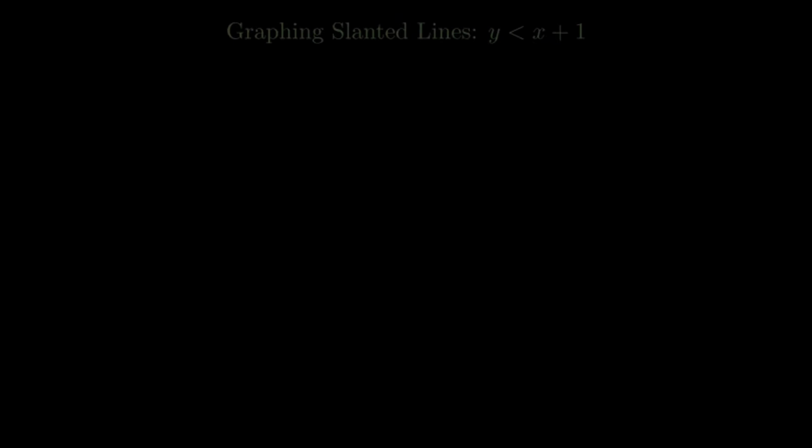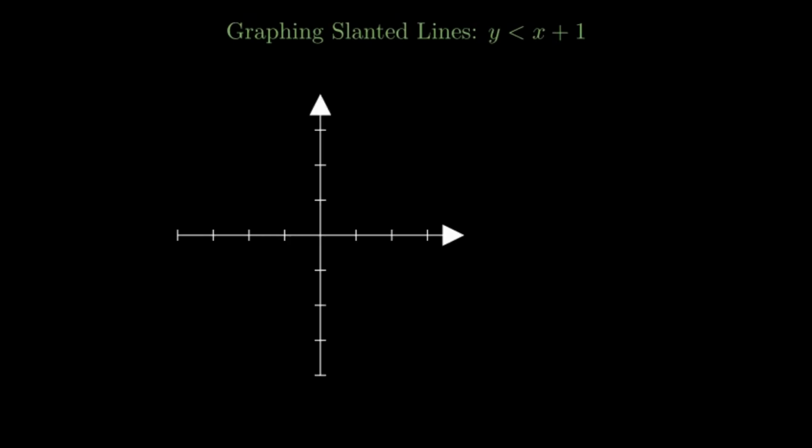Now, let's move to a slanted boundary. Consider y is less than x plus 1. First, temporarily replace the inequality sign with an equal sign. Our boundary equation becomes y equals x plus 1.